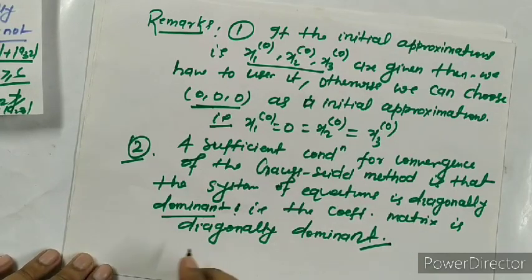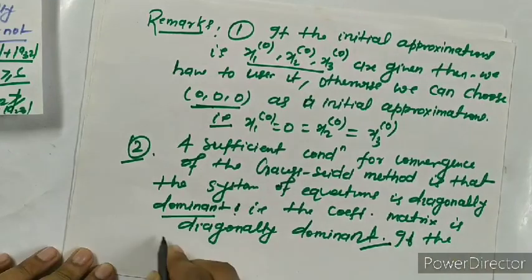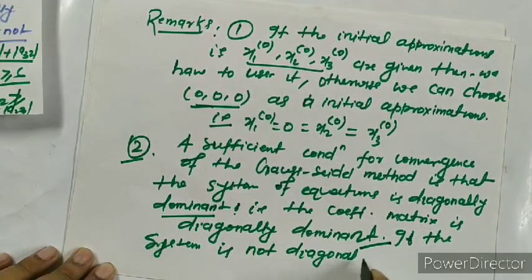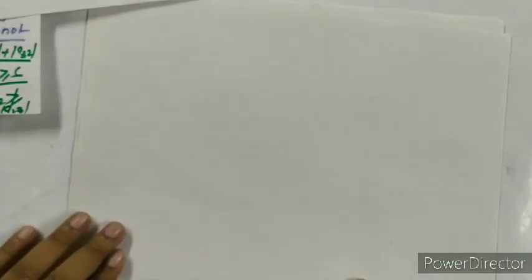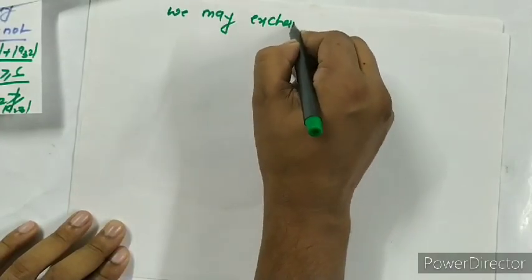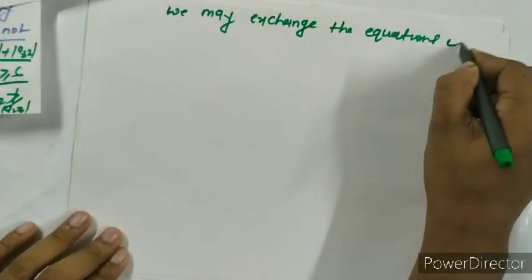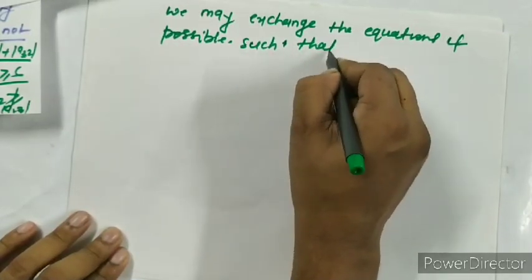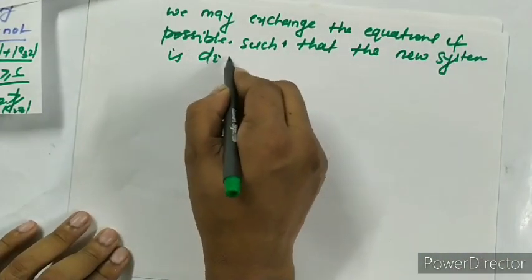So if the system is not diagonally dominant, then what we have to do, if not diagonally dominant, we may exchange the equation if possible, such that the new system is diagonally dominant.